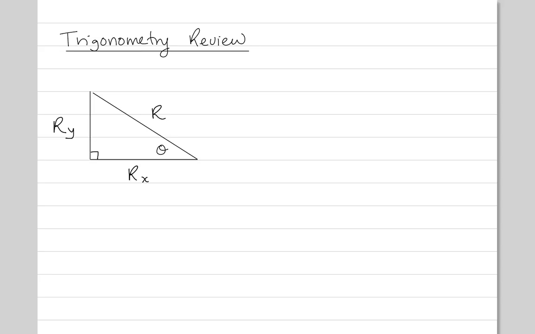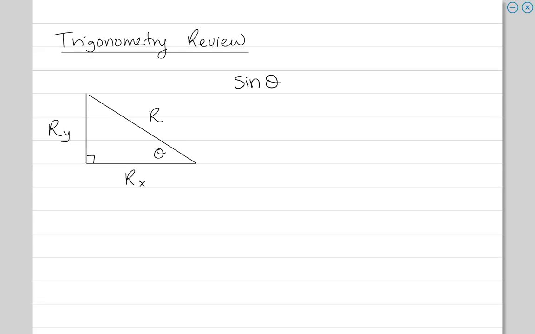Okay, so the first one would be sine theta. Sine theta is, of course, your opposite side divided by your hypotenuse. So for this triangle, the opposite of theta is Ry over R. And then later on in the next week here, we're going to be talking about components, vector components.